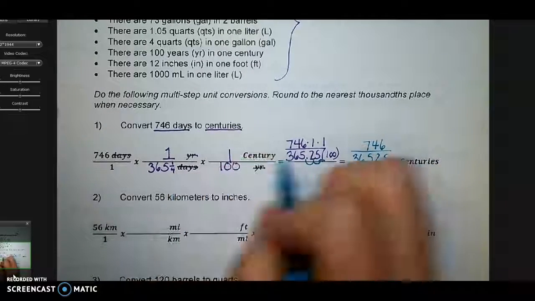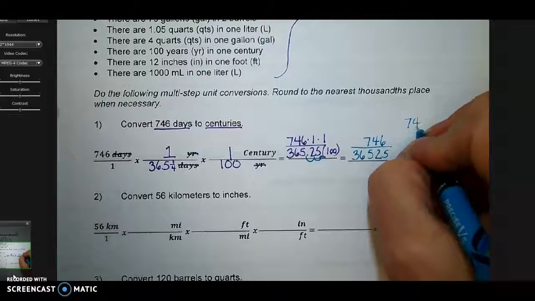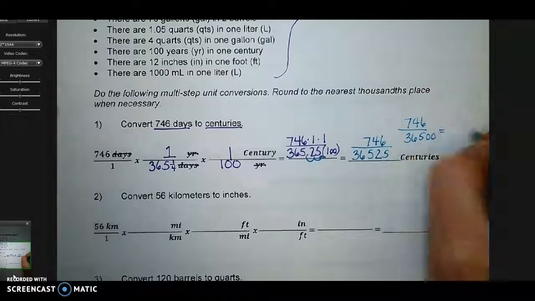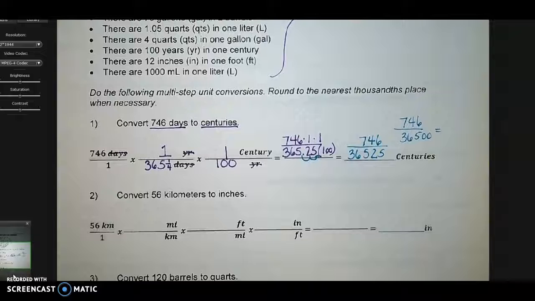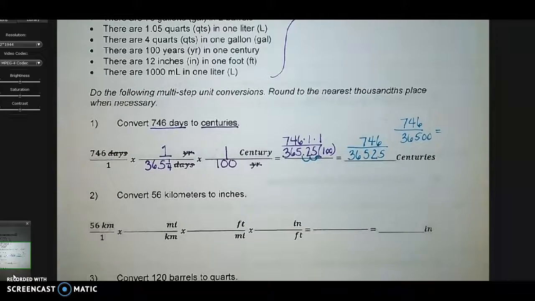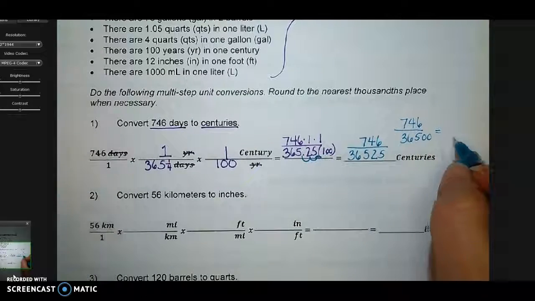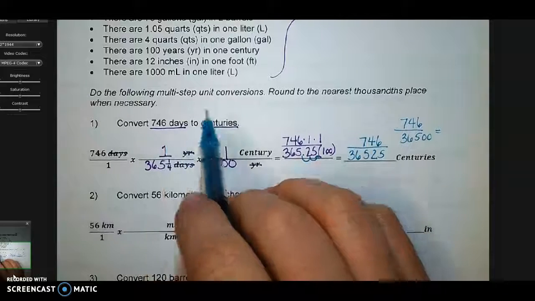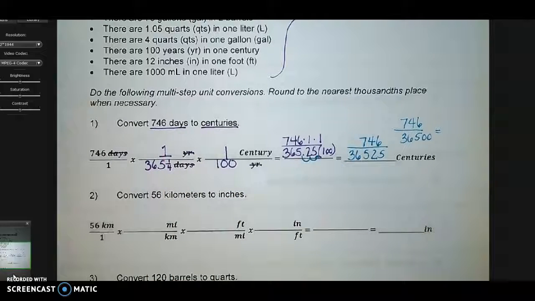Now, if you didn't use that quarter, you would have gotten something that looked like that. You could reduce that down then because they're both even numbers, and you could divide by 2. So if you took off that quarter of a day, that would make it so that you could reduce that fraction. And if you think that's odd, 746 days is a little over 2 years.